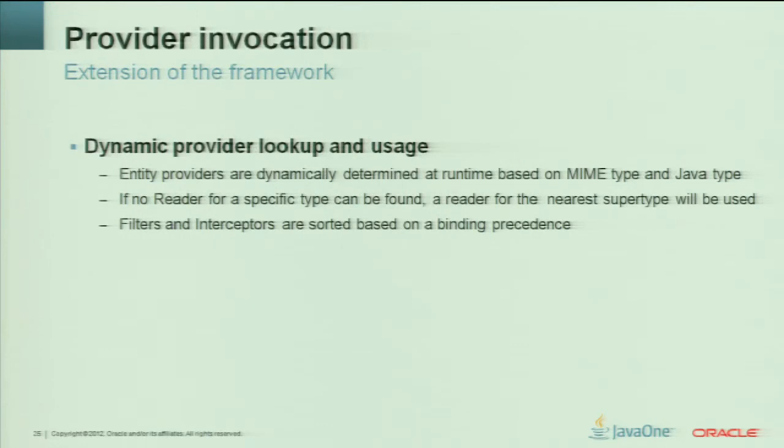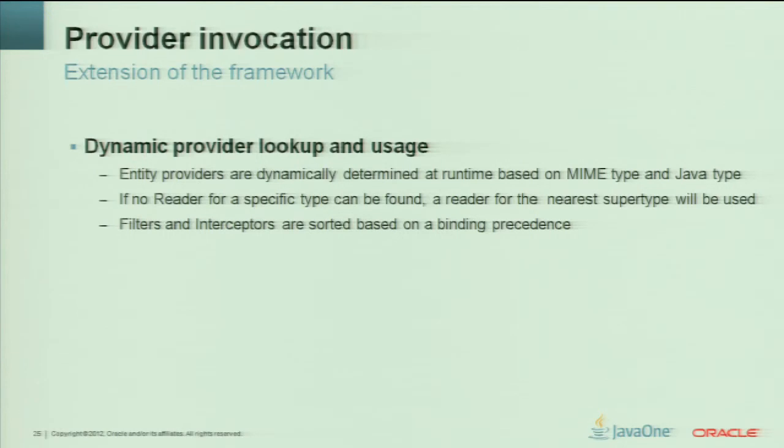The extension of the framework works because the providers are looked up and used dynamically. So they are determined dynamically at runtime based on what you actually get in the protocol response, based on the MIME type and the Java type.